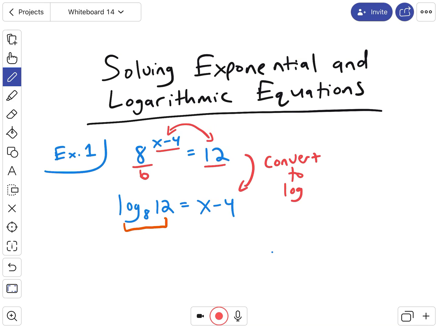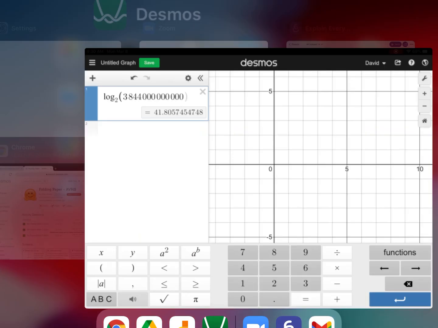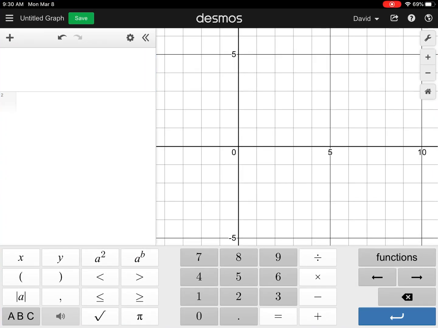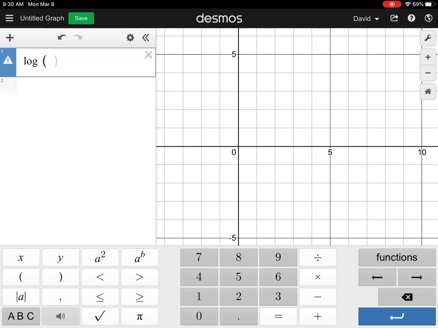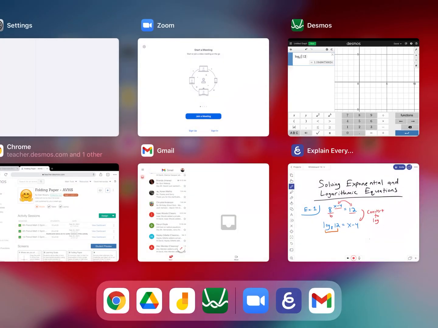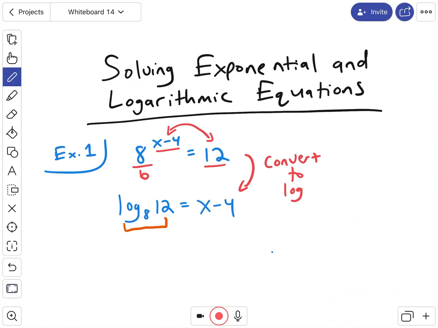So log base 8 of 12 is 1.1949. That's an approximation.